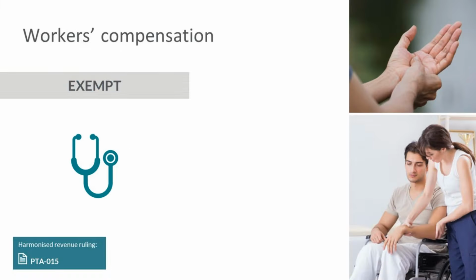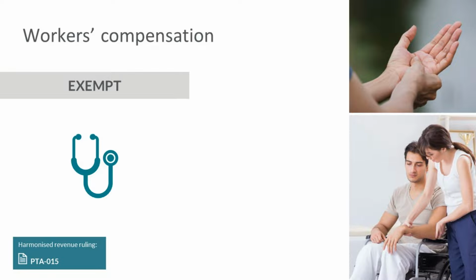Workers' compensation payments made in accordance with the applicable workers' compensation scheme are exempt from payroll tax in all states and territories. For many workers' compensation claims, the compensation amounts won't be reimbursed for the first 2 weeks. For payroll tax, we deem that those compensation amounts have been received.